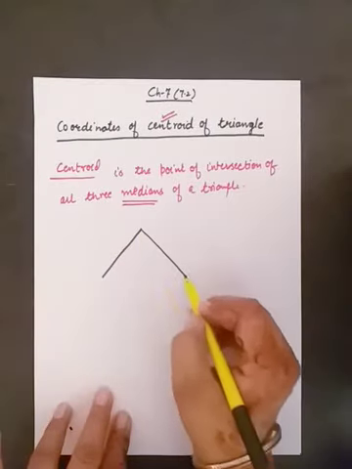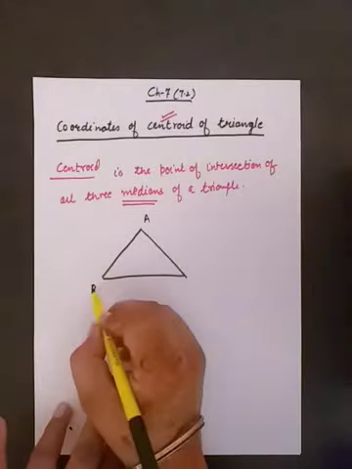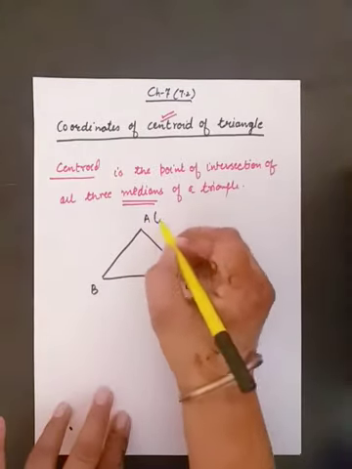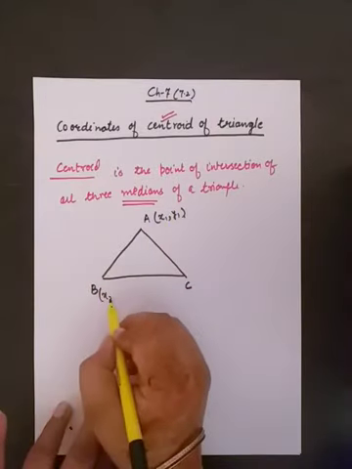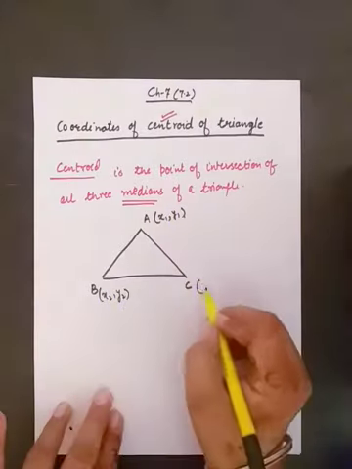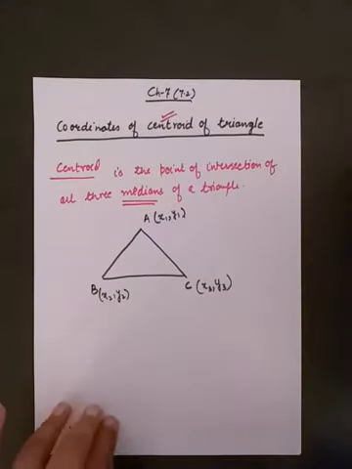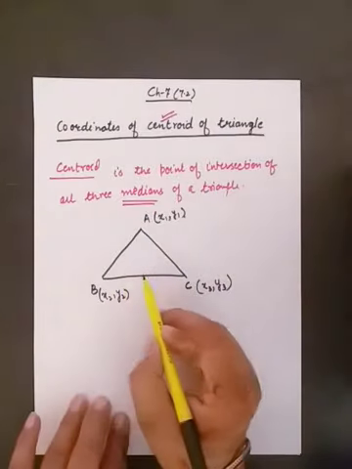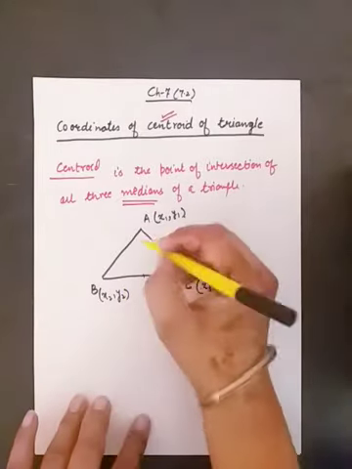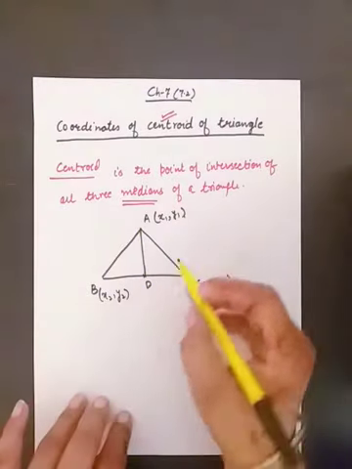So here I am going to draw the figure of a triangle. Let its vertices be A, B and C, and the coordinates of A are (x1, y1). The coordinates of B are (x2, y2), and the coordinates of the third vertex are (x3, y3). Now first of all, we have to plot the centroid in this triangle. Let D be the midpoint of BC. Join A to D. This is the first median of the triangle.